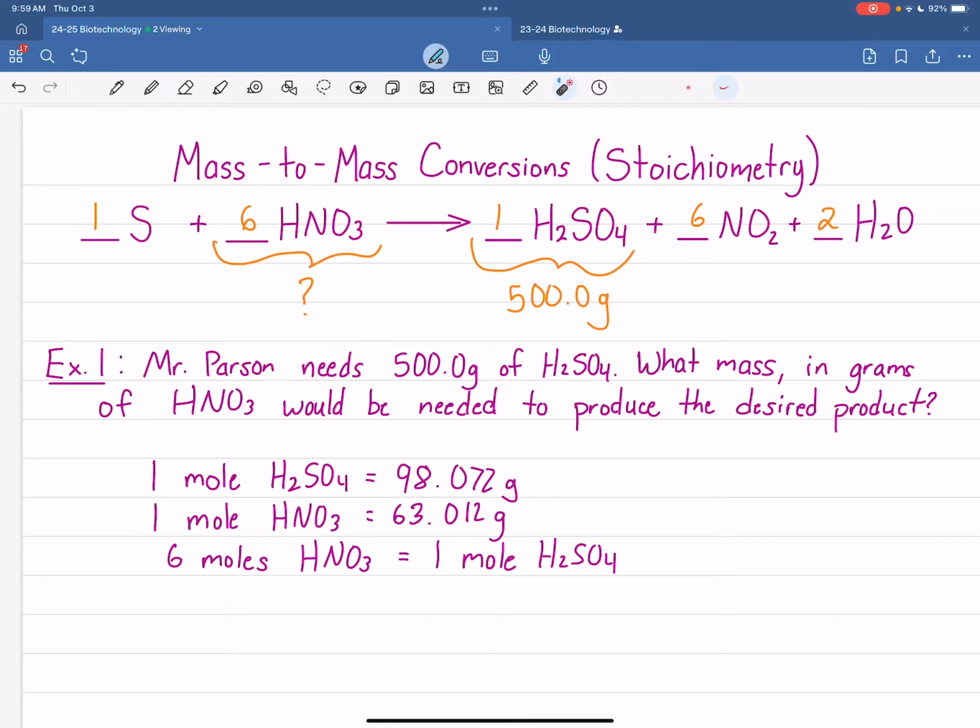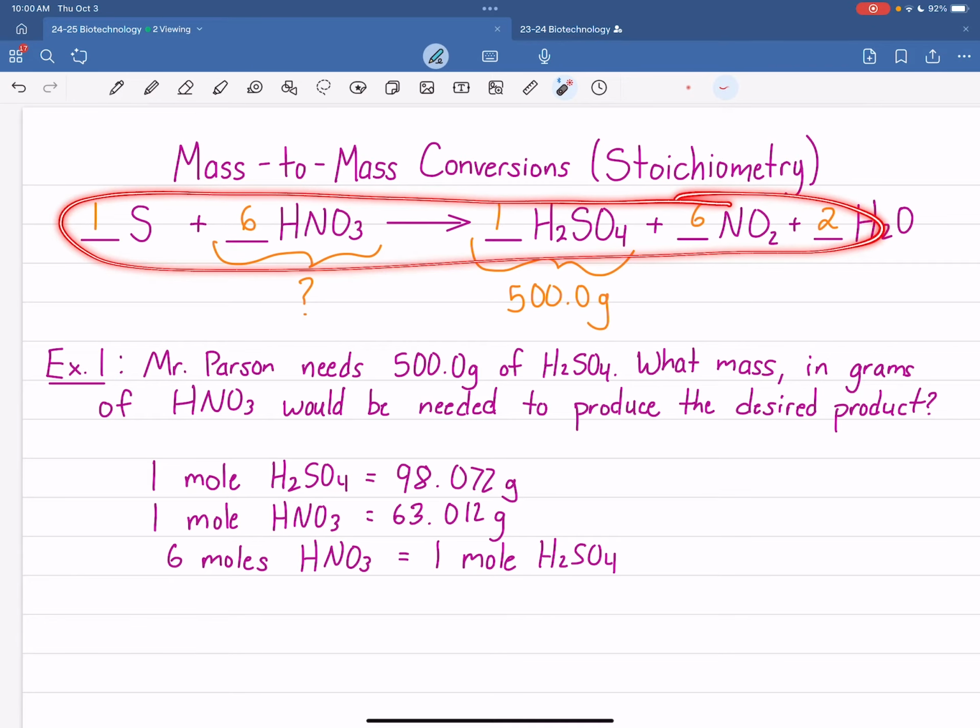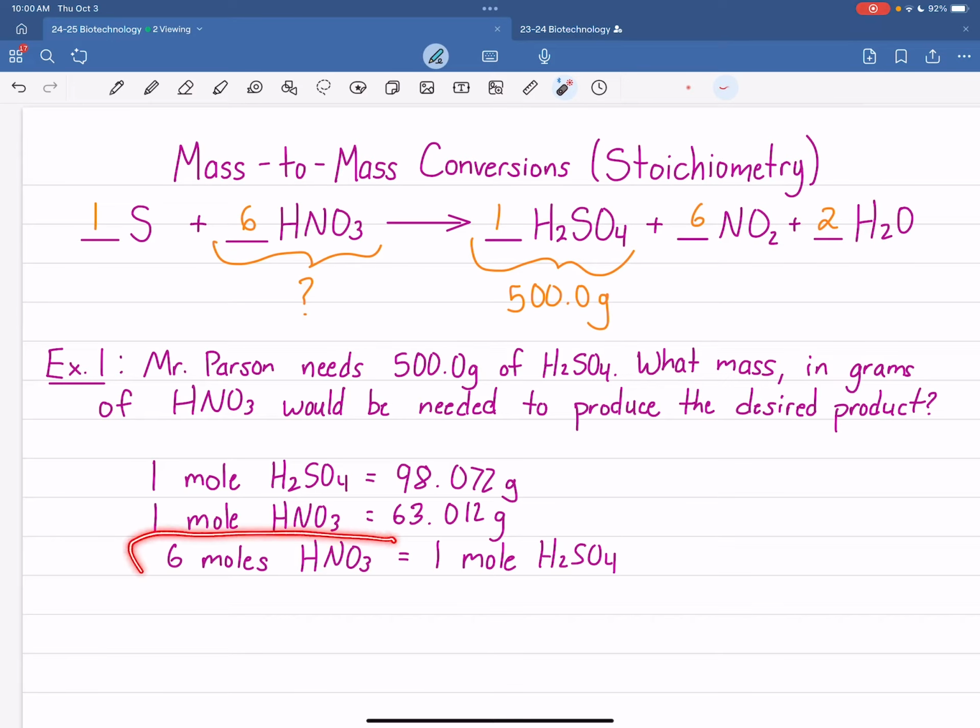The idea here is, while this is in grams, we can use its molar mass to get into the world of moles. In the world of moles, we can actually change which chemical we're talking about by using this balanced equation. And that comes from our mole-to-mole ratio here. Once we're in the land of moles of H2SO4, you can see that that aligns here.